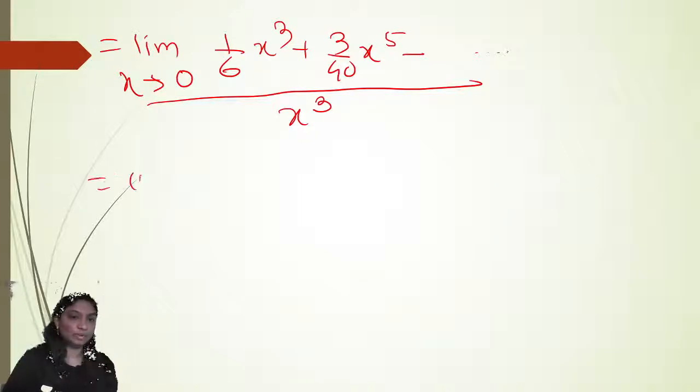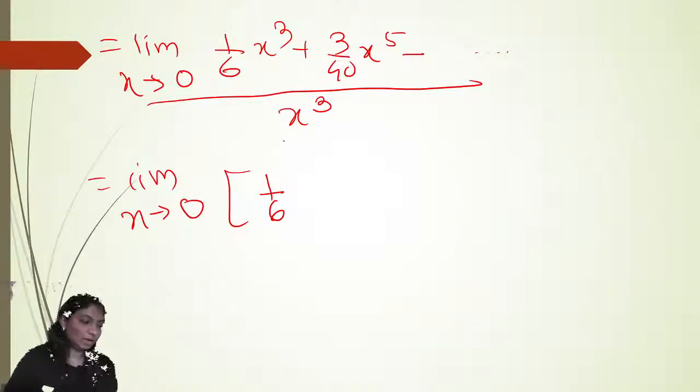So limit as x tends to 0, here you will get 1 by 6 plus 3 by 40 into x raised to 2 plus terms containing x.